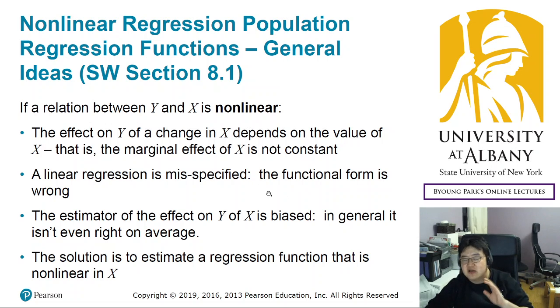In this case, the functional form is wrong, causing a misspecification problem. And as a result, because of the wrong linearity assumption, the estimator will be inaccurate, biased.